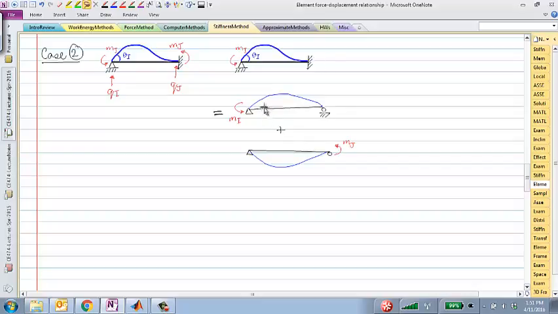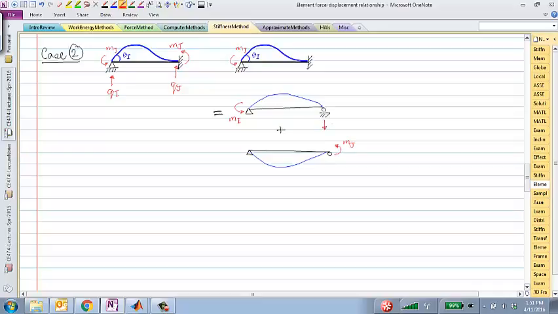Now, let's solve the underlying actual load problem, and then we'll do the redundant problem. So in this case, for this problem, I'll have reactions, rotating this way.